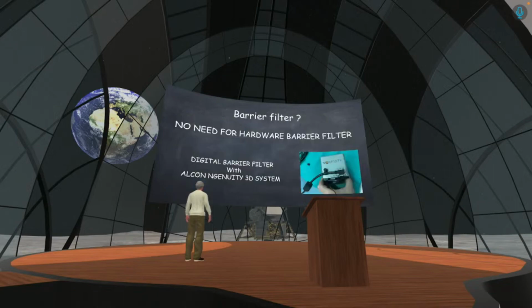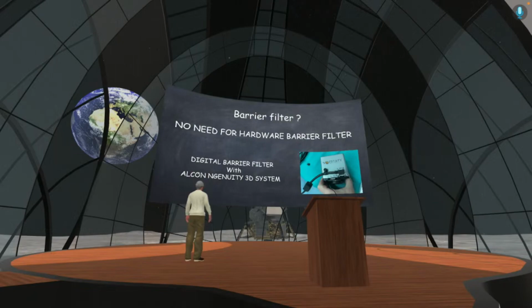Barrier filter. I don't think that with the Ingenuity system we need a barrier filter. Why? Because the Ingenuity system is cleverly made to be able to play with almost all the properties of the colors in real time, and you can make a sort of digital barrier filter recipe and achieve the perfect image, or a good enough image, without sacrificing visual information by putting in a barrier filter.